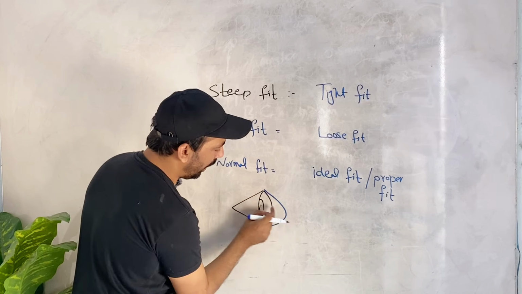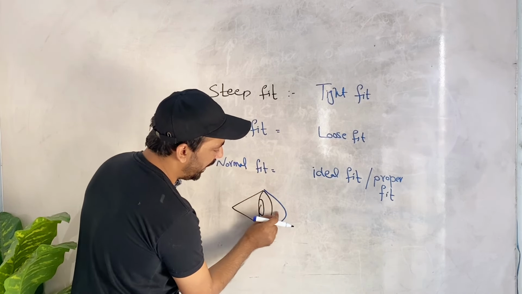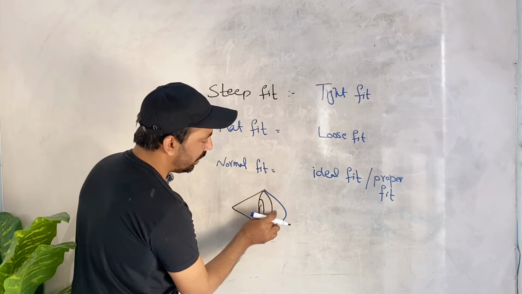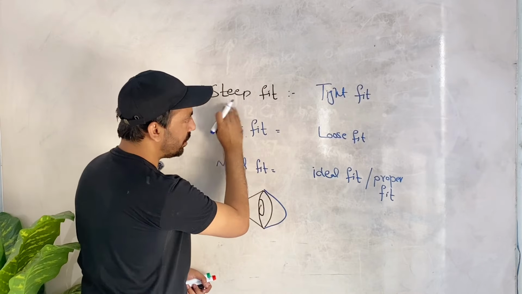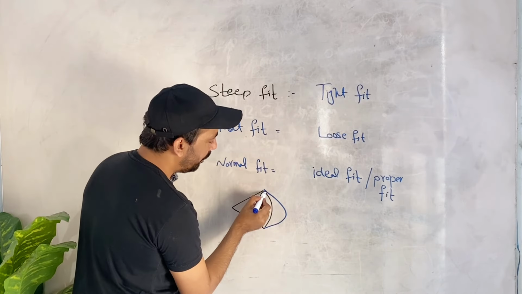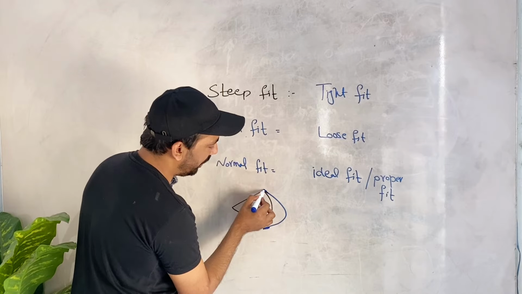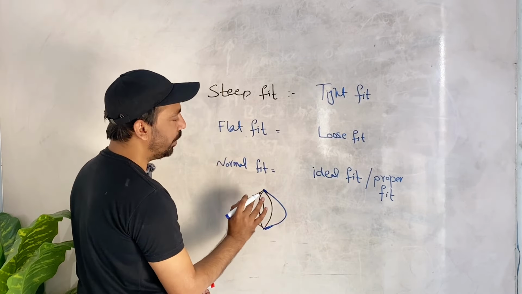The distance between the cornea and the contact lens is so great. There is a big difference between the cornea and the lens. So if the gap is larger than normal, this will be the steep fit or the tight fit, right? And the contact lens will tightly adhere from the peripheries, from here, right? So this is called the steep fit or the tight fit.